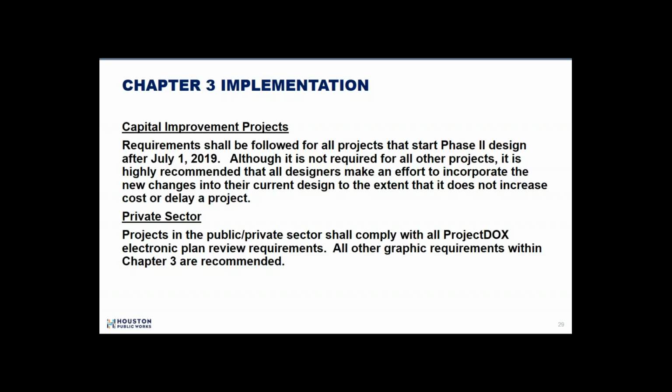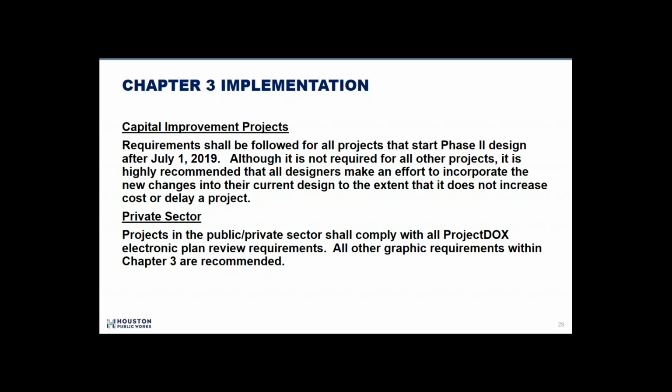So the requirements shall be followed for all projects that start phase 2 design after July 1, 2019. But although it's not required for all the projects, it's highly recommended that all designers make an effort to incorporate the new changes into their current design to the extent that it does not increase cost or delay a project. So you can find this is the blurb that is out there in the executive summary.